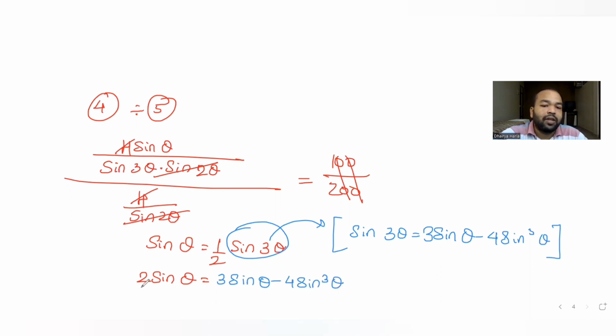Now if I take everything on the left hand side, it becomes 4 sine cube theta plus 2 sine theta minus 3 sine theta, so minus sine theta, is equal to 0.